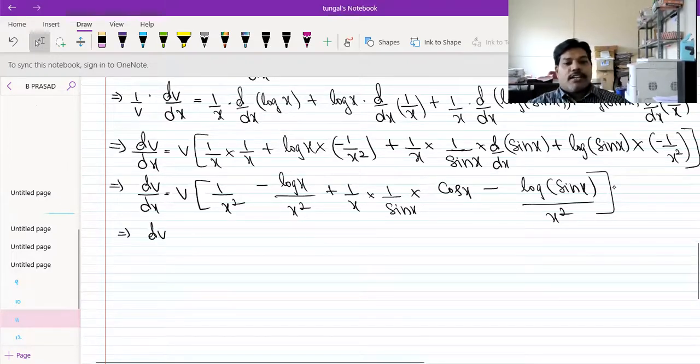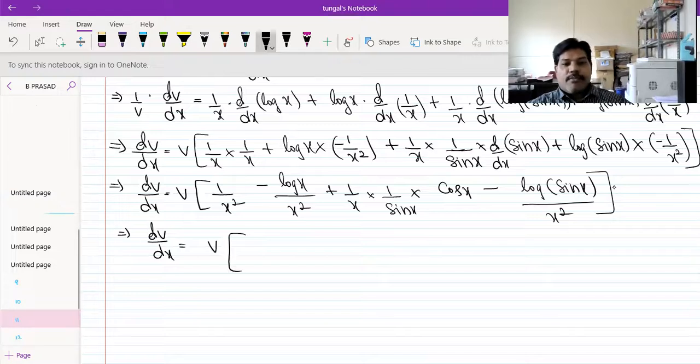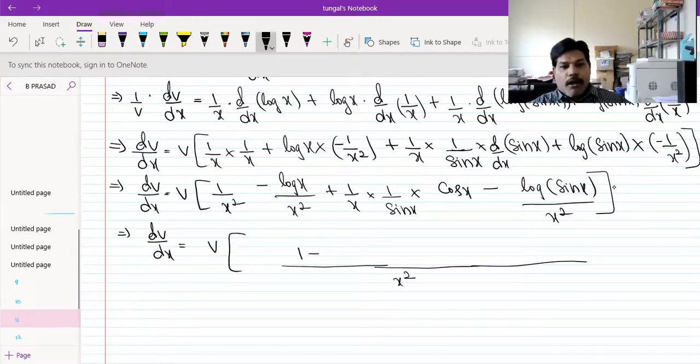So dv by dx is equal to v into, taking the LCM x square, 1 minus log x.